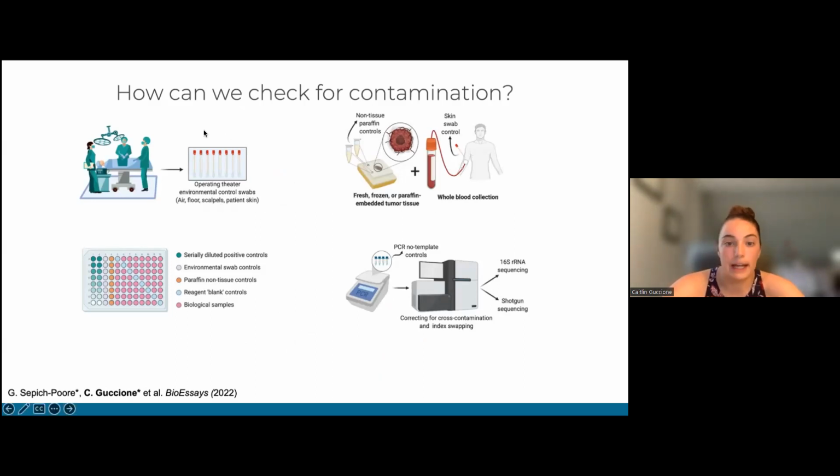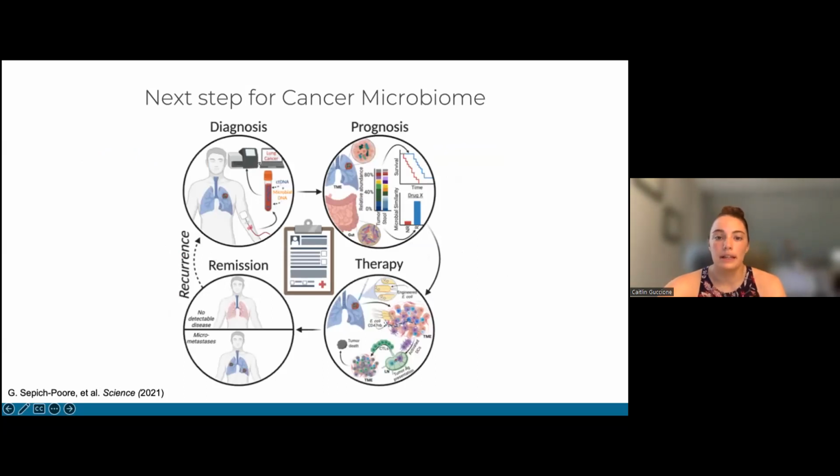So for example, if we had access to some of these things here, which are just a couple more samples taken at collection, we could have a lot more confidence in the samples being used in cancer microbiome work. And we can have a lot more studies that focus not only on the actual genomics, but on pairing those two things together to get a really big, full picture of all the data that we have available and everything that could be going on with our patients.